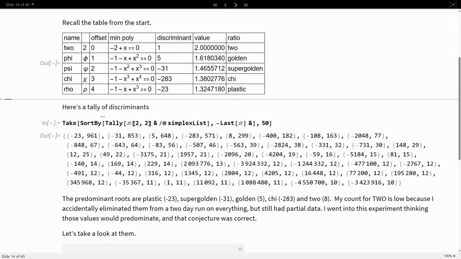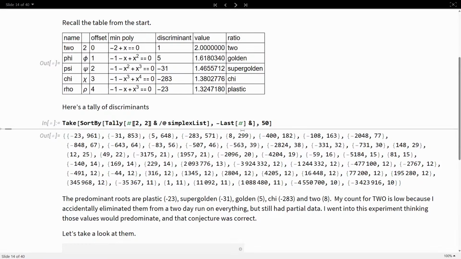So when we take a look at what spaces these live in, the winner is the plastic constant with 961 solutions, followed closely by the super golden ratio with 853. The golden ratio came up next at 600 and something, then the chi constant at 571, and then 2 at 299.